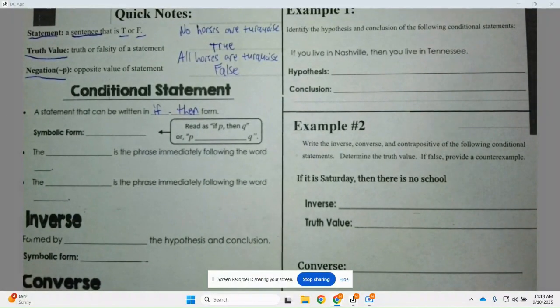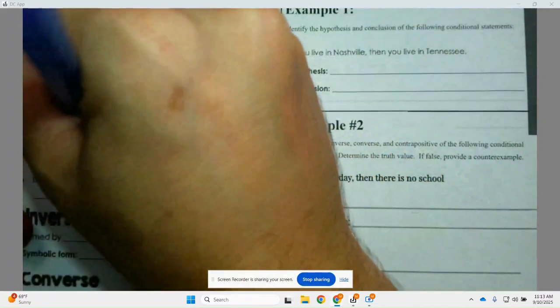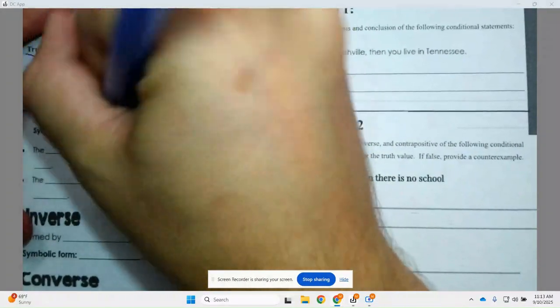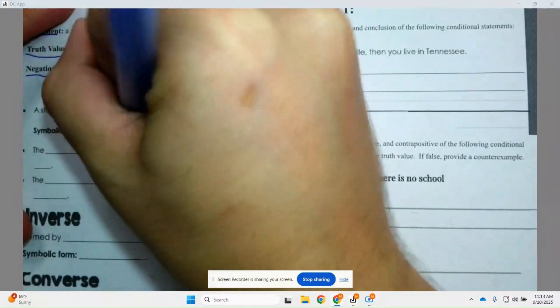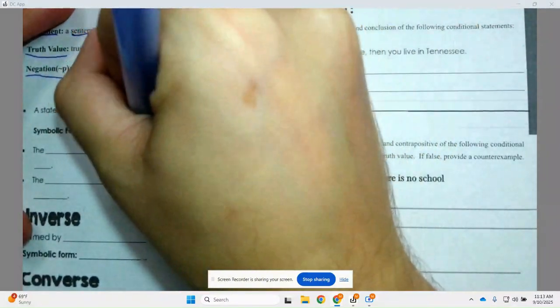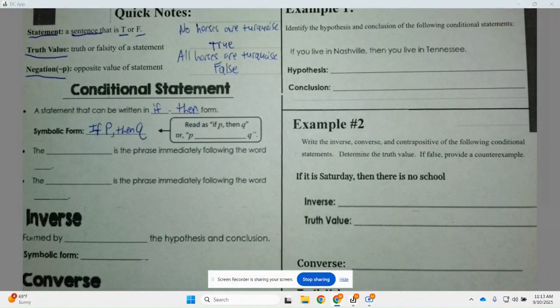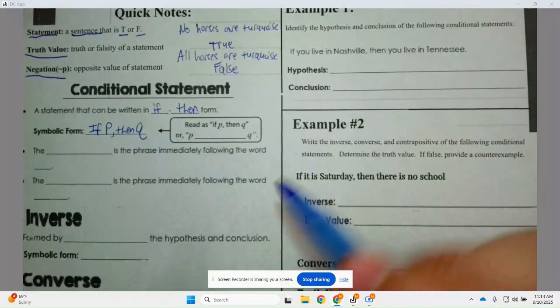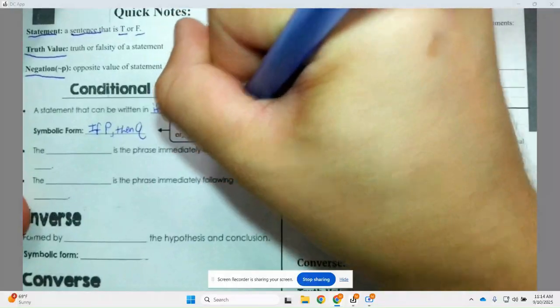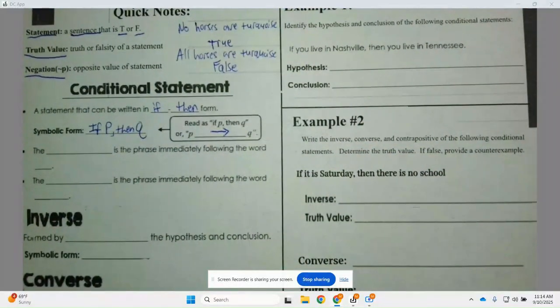Okay? And this looks like: if P, then Q. If some statement P, then some other statement Q. This is read as if P, then Q. Or another symbolic form of this is P goes to Q. Either one makes the same sentence.